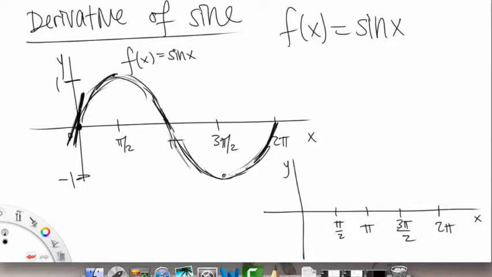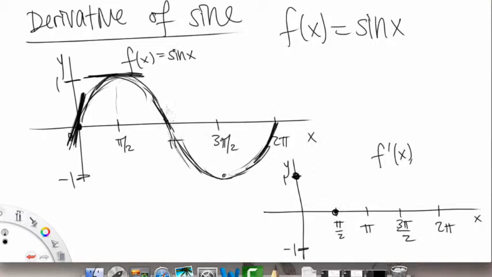Okay, so like I said, our slope here is going to be very steep, and it's actually going to be a 1, all right? So it's going to start up here at 1. So again, this is our f prime of x, okay? So here we're looking at the slope of the tangent line at each of these points. At pi over 2, the slope of our tangent line is actually 0, okay? So it's going to be 0 here, all right?